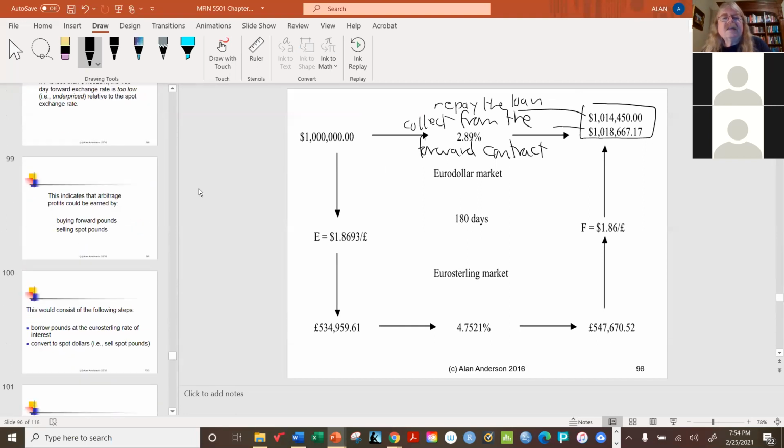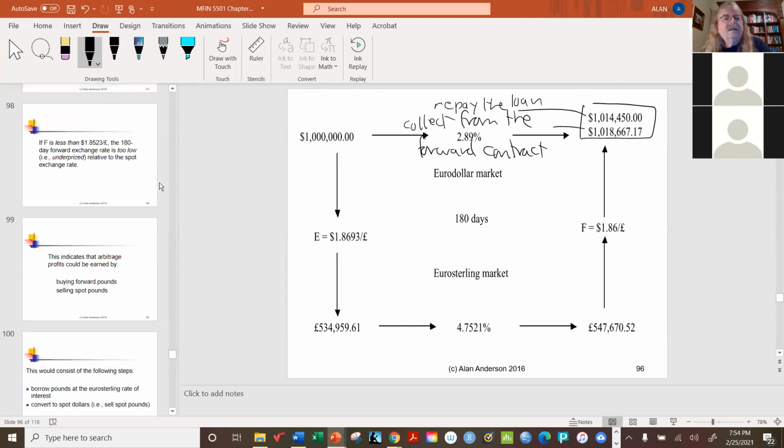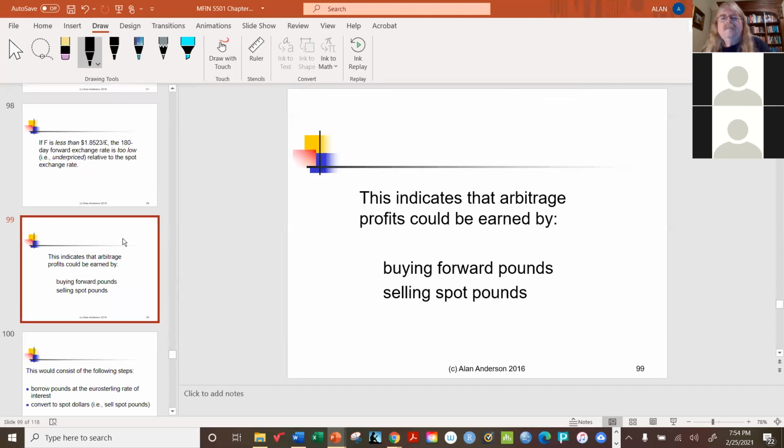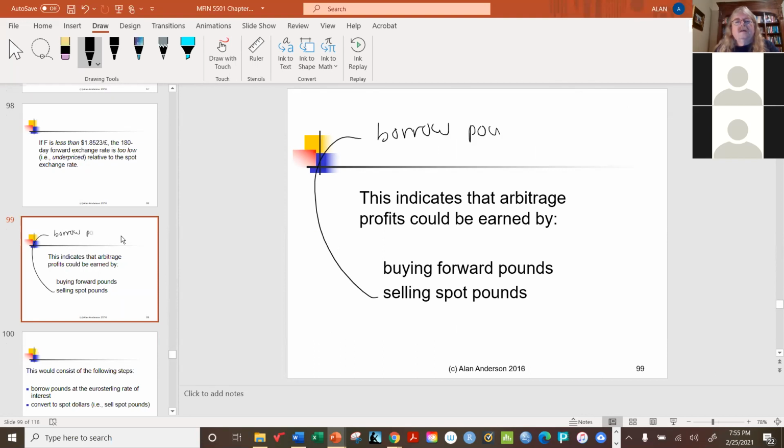So in other words, just as an example, say F had been $1.85. What you could have done is buy the pounds in the forward market, sell them in the spot market, by which I mean borrow pounds, and sell or convert to dollars.